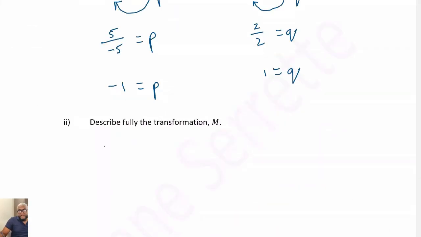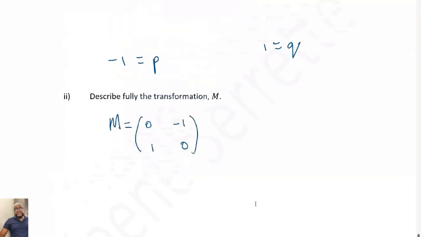Now they want us to describe fully the transformation M. M will be equal to the matrix 0 p, q 0. So P is negative 1 and then Q is 1, 0. What is this from the list? Which one is this? We've got to check the list.